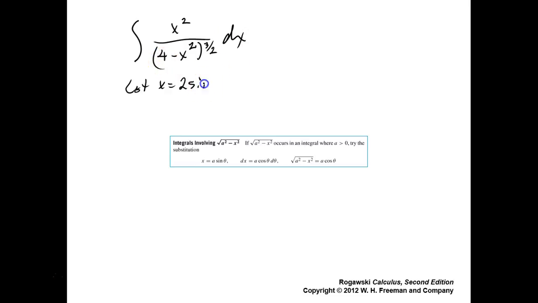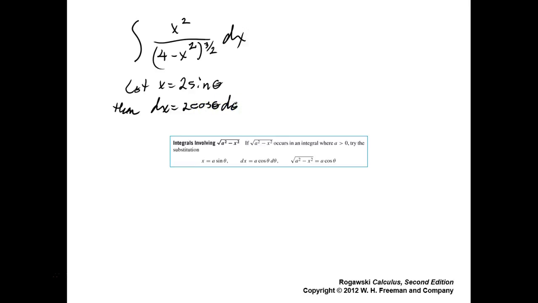So x equals 2 sine theta. Okay? Now, what's our next step? Second, dx is equal to 2 cosine theta d theta.